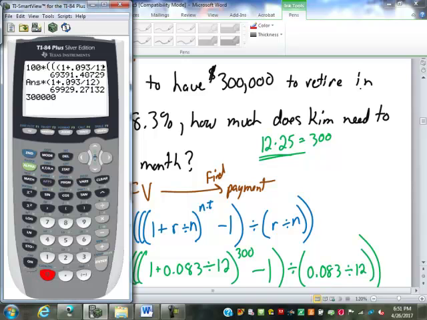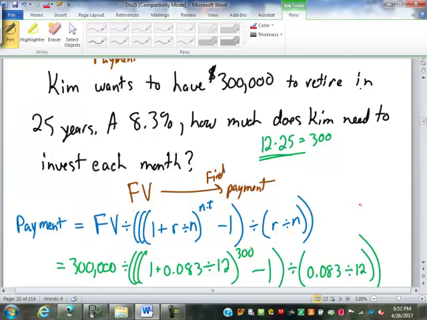So 300,000 divided by 1, 2, 3. 0.083 divided by 12. Close, power 300, minus 1. Close divided by open. 0.083 divided by 12. Close and close. $300.38.